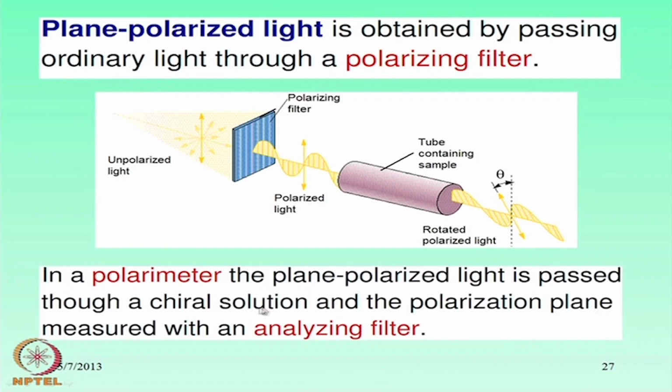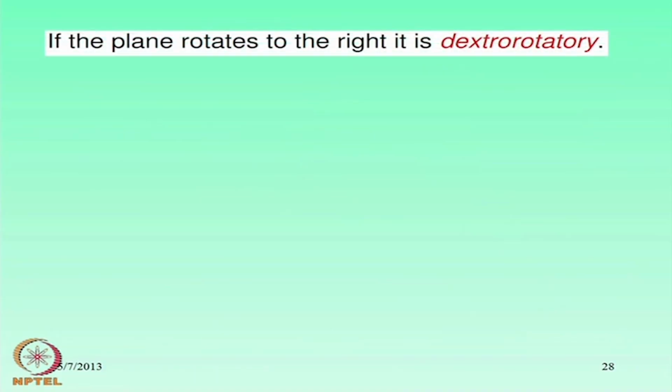So we make a solution of the chiral molecule, and the plane polarized light is passed through it. We monitor through the analyzing filter, which measures the amount of rotation with respect to the plane of polarization originally present.